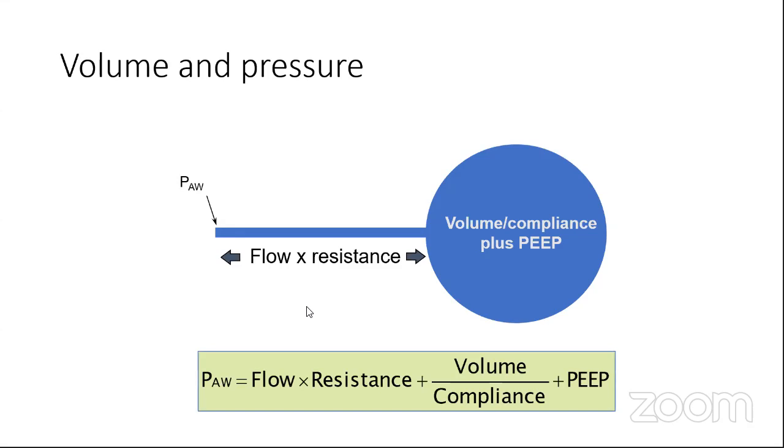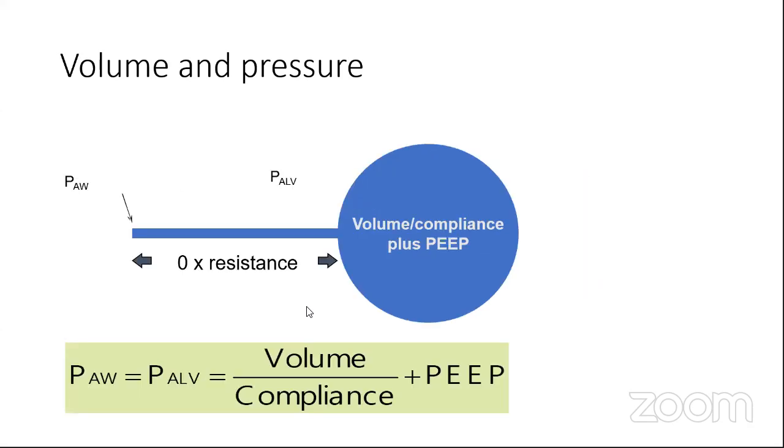What we are really interested in always is the plateau pressure, which is the alveolar pressure. And this takes us to the next slide, which is when we stop the flow. When there's no air moving through these tubes, we have stopped the respiratory cycle at the end of inspiration. When the air spaces are filled, we prevent expiration and we do not deliver more volume.